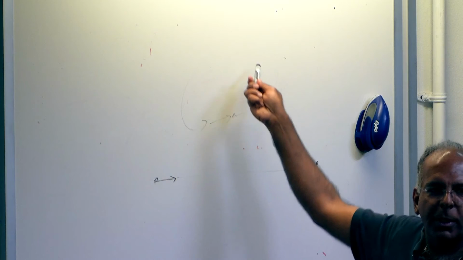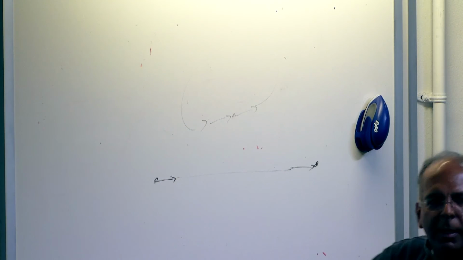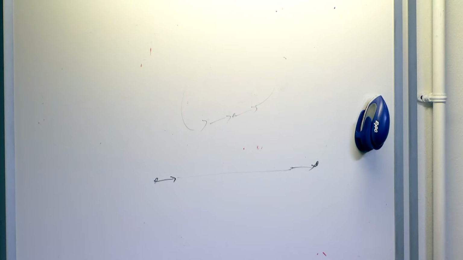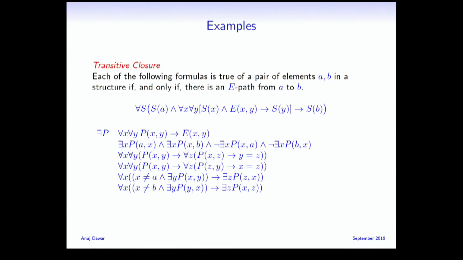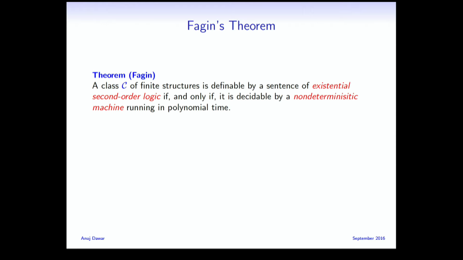These first-order formulas don't rule out the possibility of these cycles, but if they're satisfied, there is a path from A to B. And that's what this says. Okay. Three-colorability is another example I've shown you before. So all of this is motivating Fagin's theorem, which I suppose most of you have at least heard of.